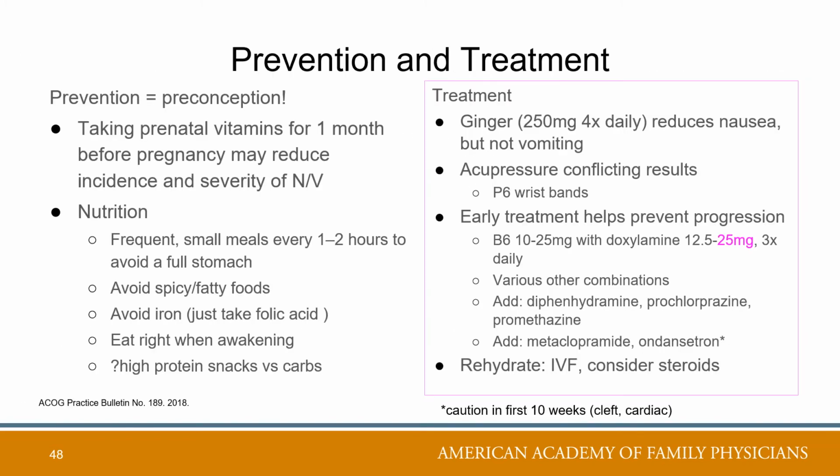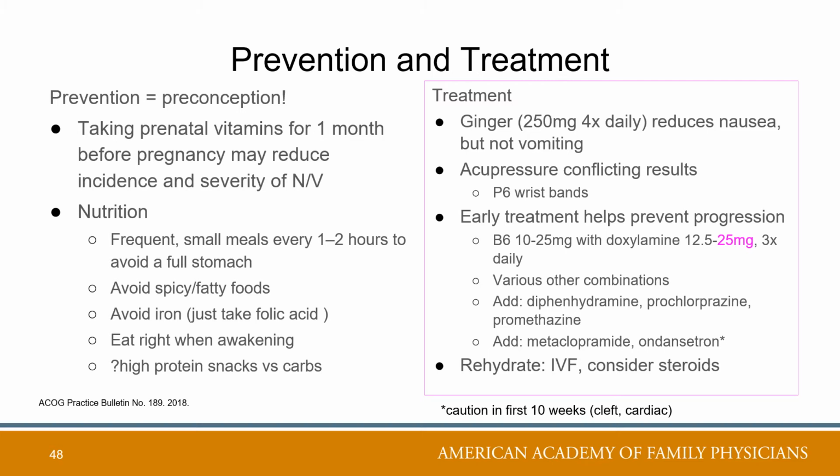So in terms of different ways that we can help prevent this, well, we can think about prenatal vitamins. That actually does reduce the incidence and severity of nausea and vomiting. Frequent nutritional meals every 1 to 2 hours, in particular avoiding a full stomach, avoiding spicy or fatty foods, avoiding iron, for example, just taking the folic acid can be beneficial.